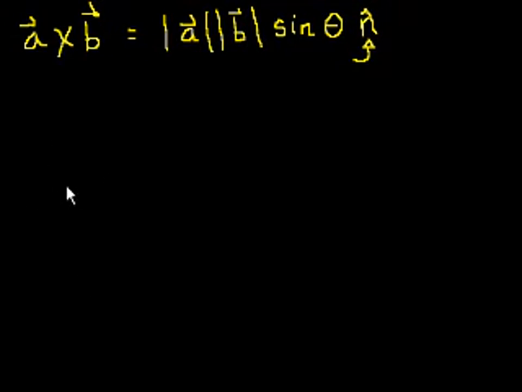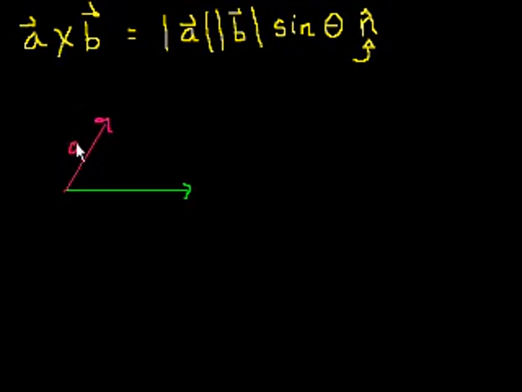So let's say that's vector B. I don't have to draw straight lines, but it doesn't hurt to. Okay, here we go. Let's say that that is vector A. And we want to take the cross product of them.